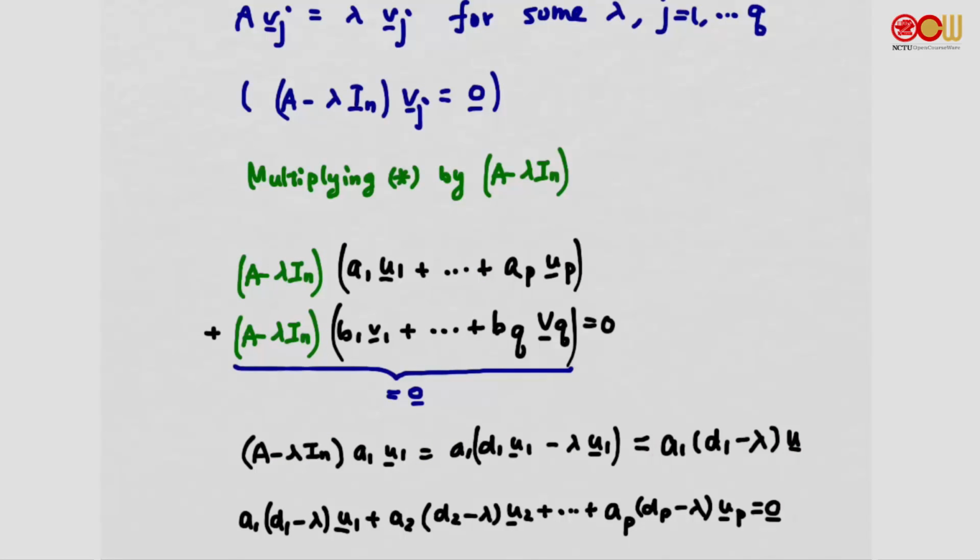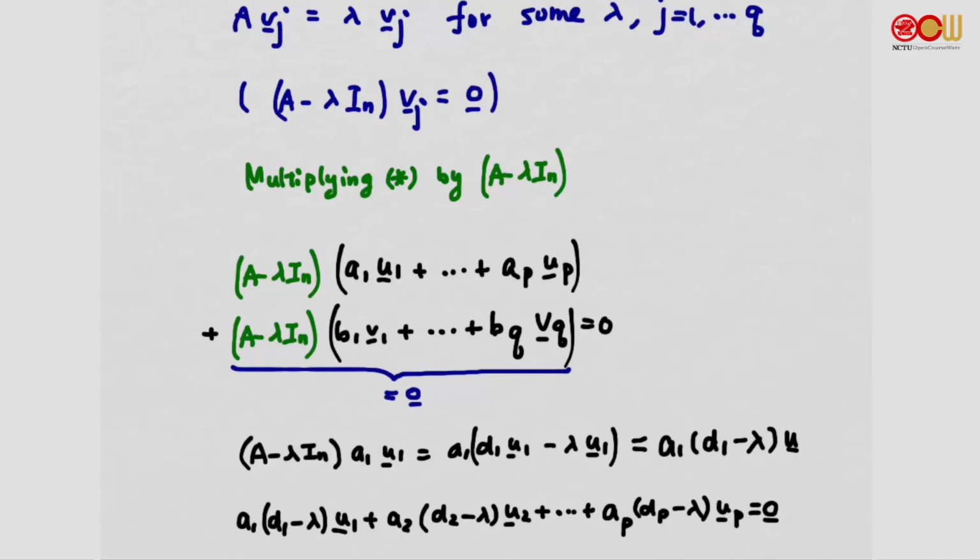So this is the first term, the product of this matrix and a1 u1. And similarly, for the second, we multiply A minus lambda identity with a2 u2, and then we get a2 (d2 minus lambda) u2, and then all the way to ap (dp minus lambda) up. Alright, so this is equal to 0. This is what we get so far.